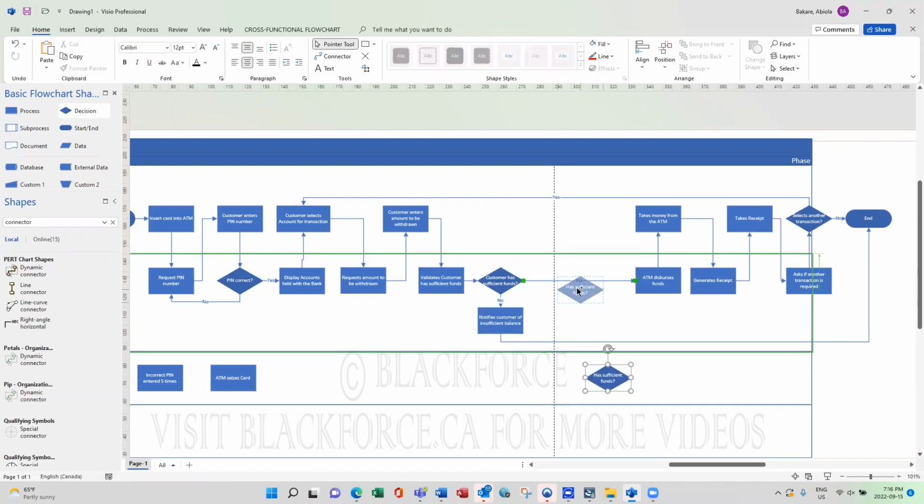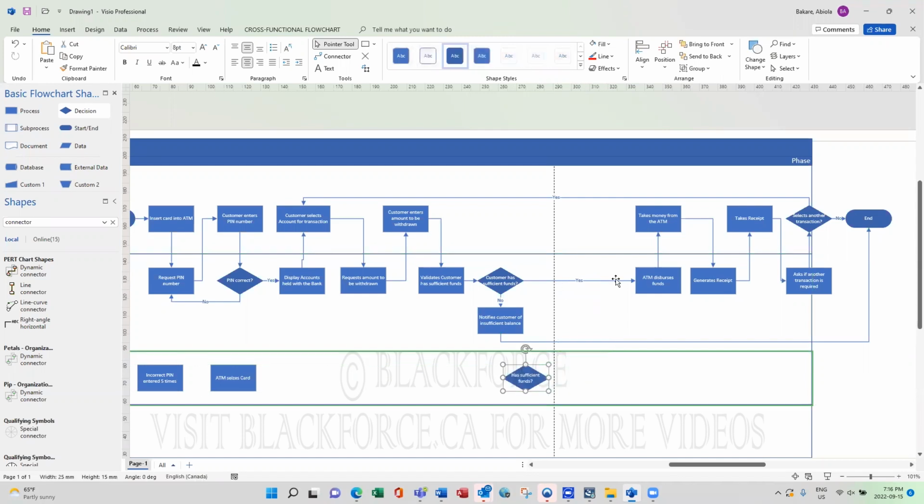And I am going to insert that in here. Watch what's going to happen once I drop it on this line. It automatically adjusts the diagram, moves this yes to the left, which is what I want it to do anyway, because I want it to check if it has sufficient funds after it has confirmed that the customer has sufficient funds. Okay?